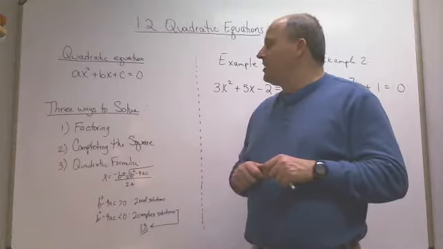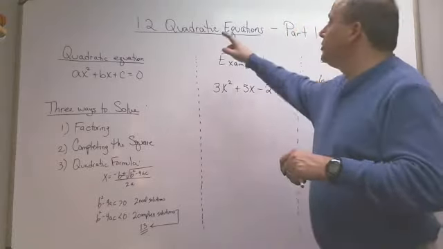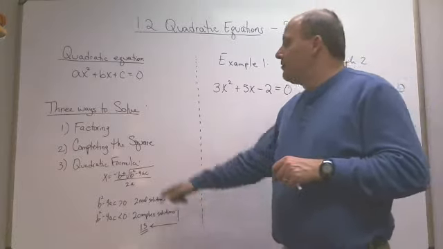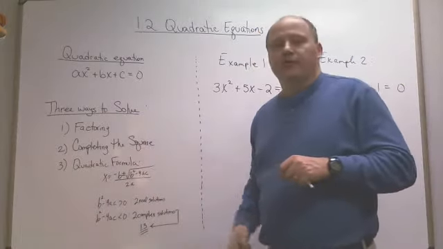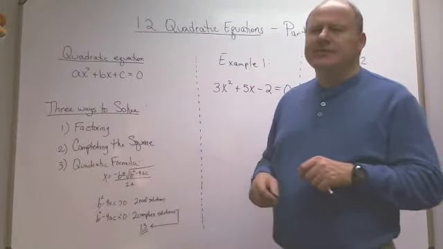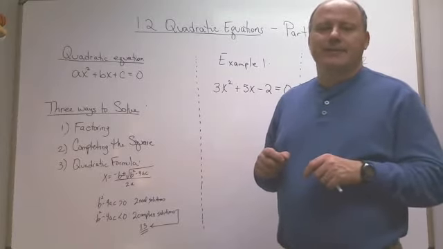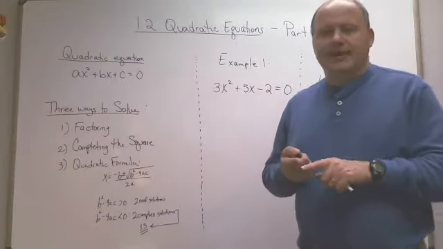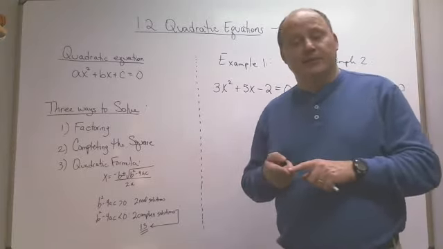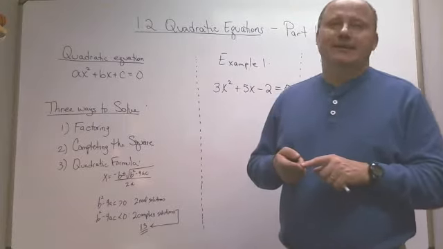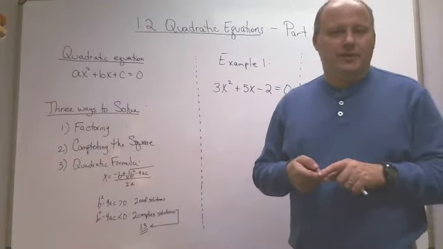So when we're solving these equations from 1.2 and, as a matter of fact, 1.3 as well, we're going to either factor them or use the quadratic formula. There are several ways to factor. One way is called the guess and check method, which is the method I will use. Another is called the AC method, and there are other methods as well.